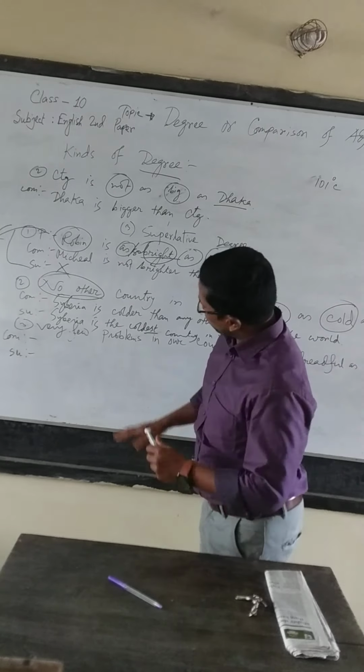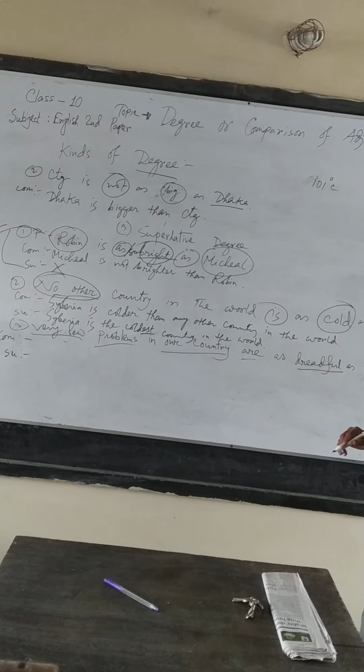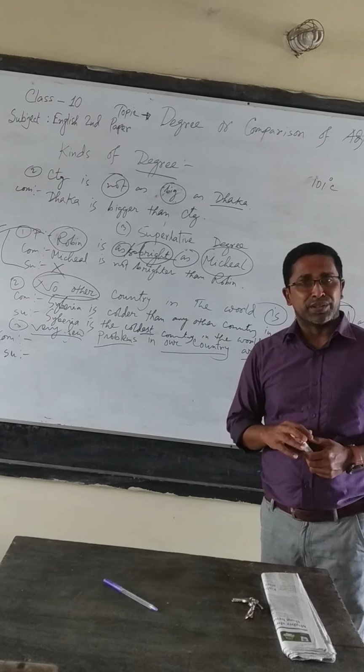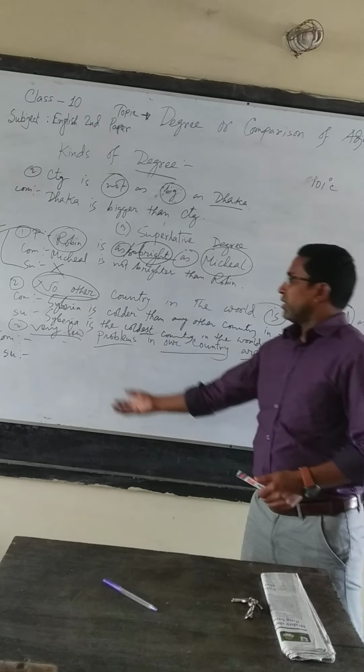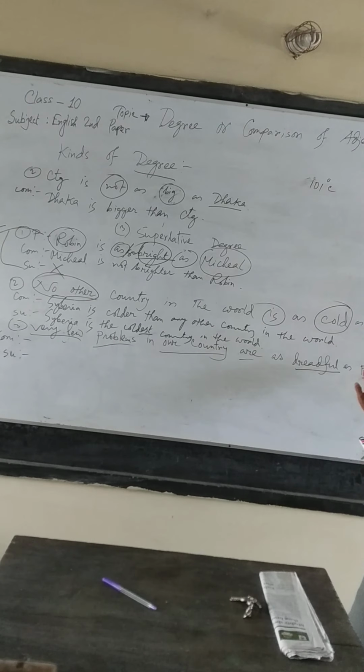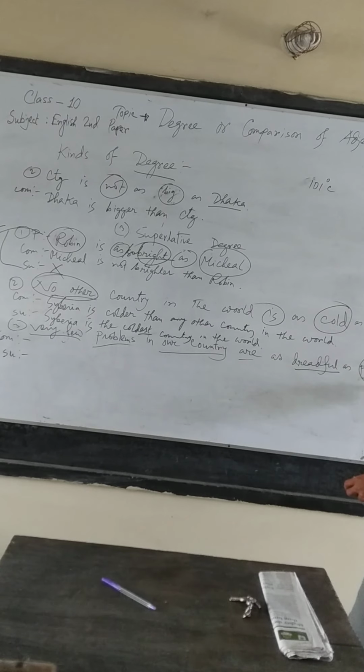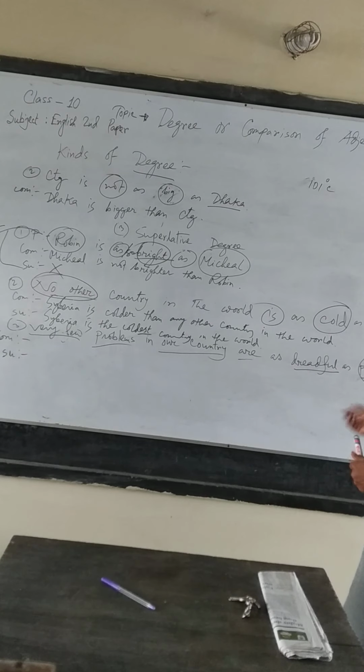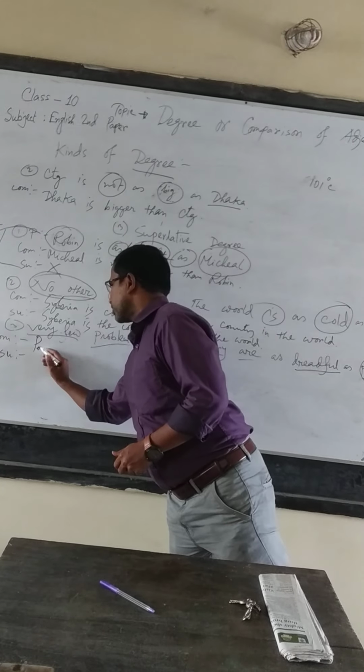Now, dear students, I am going to make you understand another example, another rule of positive, and we will also learn how to transform them into comparative and superlative. So you can see: very few problems in our country are as dreadful as population. What is the subject here? We know that in case of positive, the subject remains in the sentence, so population has taken the place here. Population will be the subject.